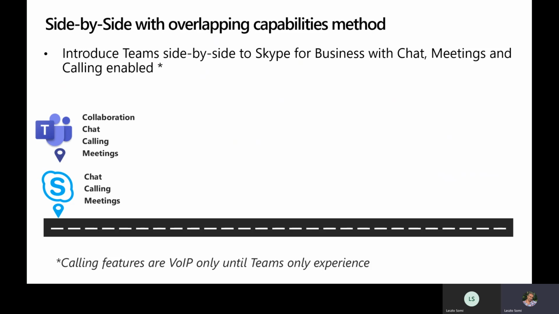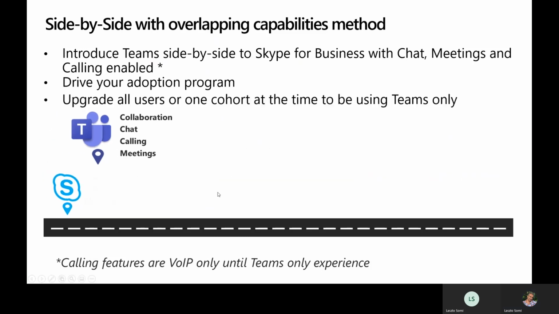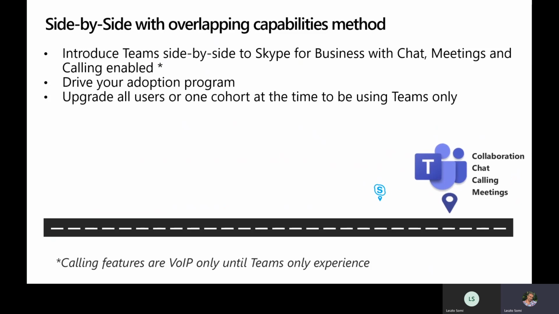But Teams capabilities inside the tenant are all available. It's a full experience for the users. They can also schedule meetings inviting external users or participants to a meeting. You drive your adoption program and you upgrade your users all at once or a cohort at a time to Teams.